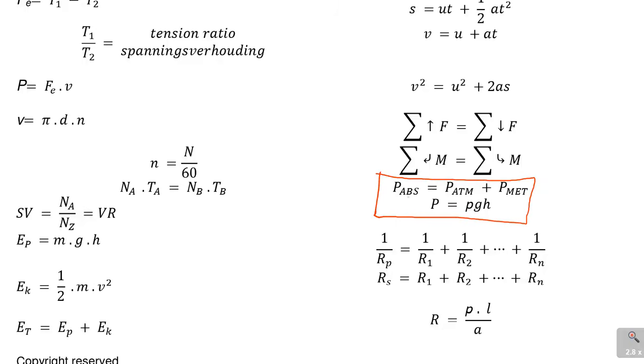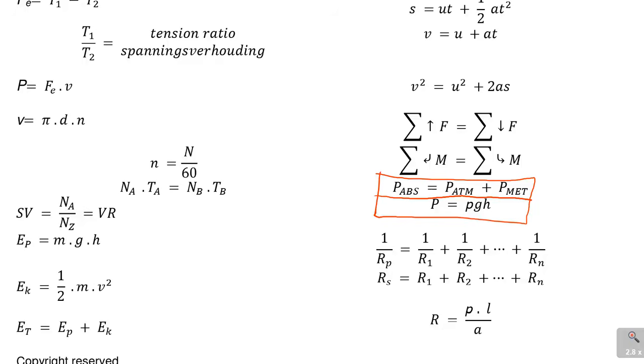The formula is P_APS is equal to P_ATM, the atmospheric pressure, plus the pressure of the material, which is P_MET. And the formula for pressure, so there are two formulas there, is P equals rho g h. Rho is the density, times gravity, times height.